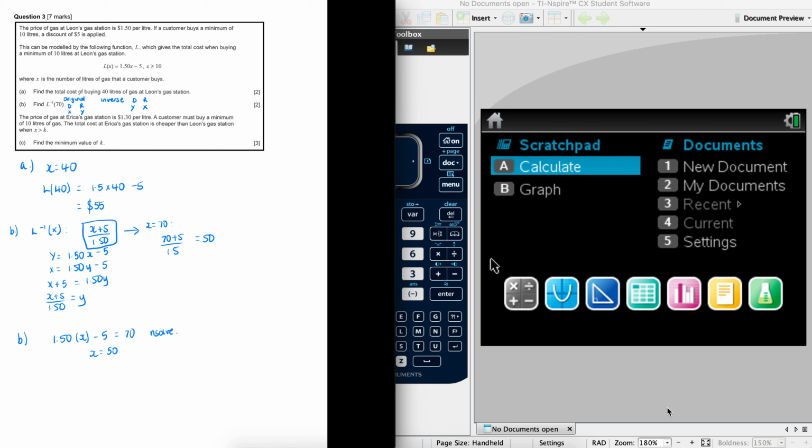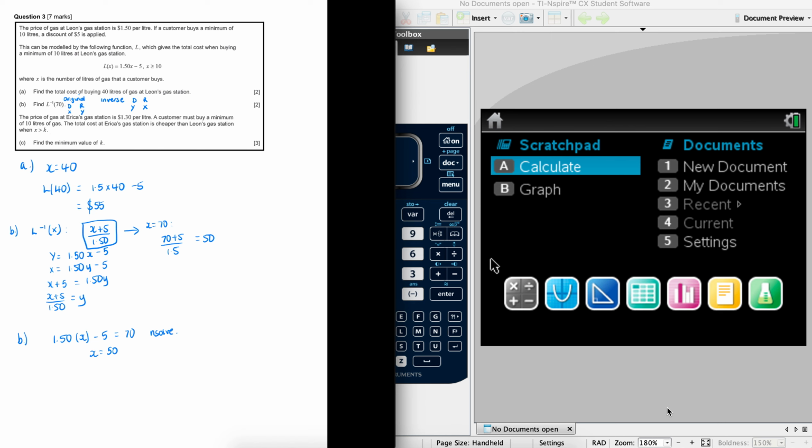So part C: the price of gas at Erica's station is 1.3 per litre, and a customer needs to buy a minimum of 10 litres. They're saying that Erica's gas station is cheaper than Leon's, the first one, when x is bigger than k. We need to find that value.